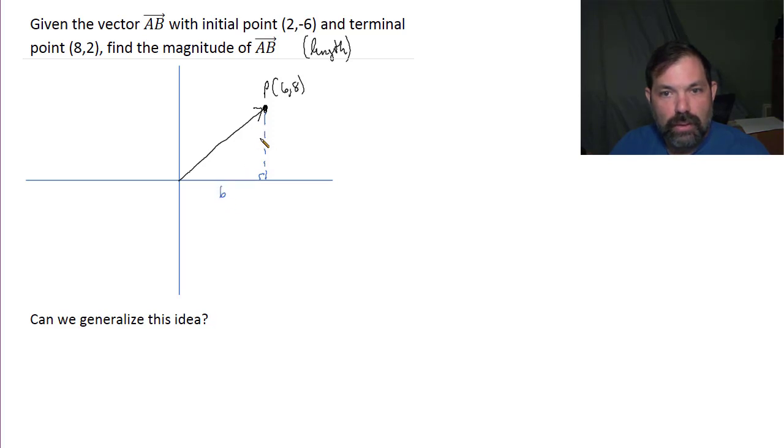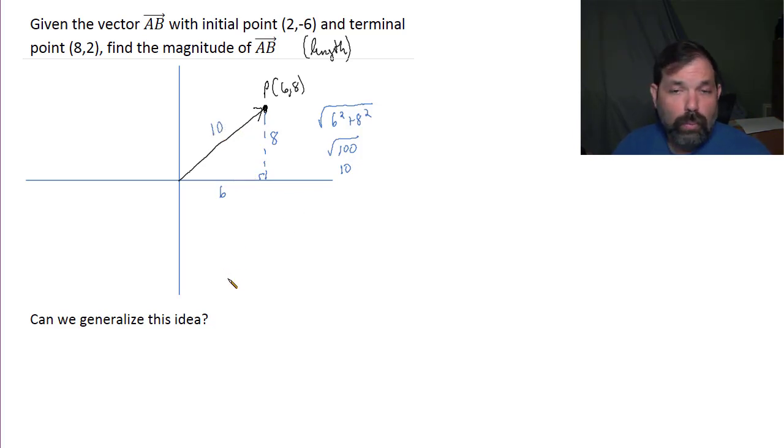This distance is 6, and this distance is 8. So the length of the hypotenuse of this triangle would be the square root of 6 squared plus 8 squared. That's the square root of 100, which is 10. This distance is 10.